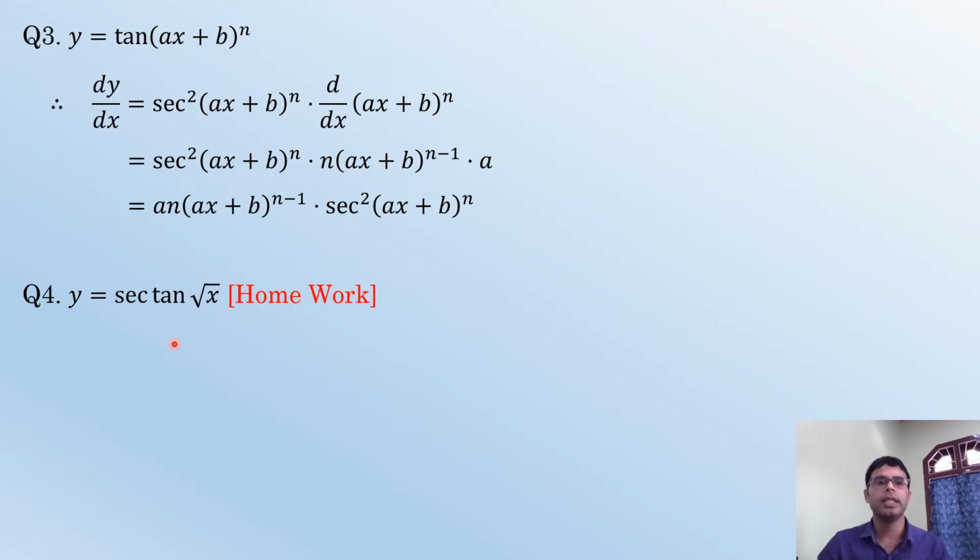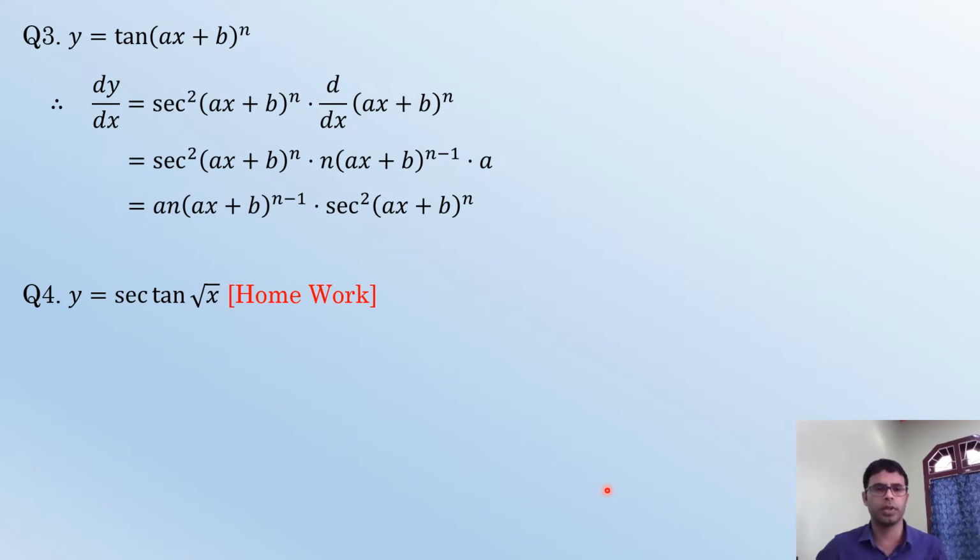So that will be sec of tan root x into tan root x into d/dx of tan root x. But d/dx of the tan function is sec square. So it is sec square root x into d/dx of root x, and root x differentiated is 1 by 2 root x, and that will be the final result for this problem. And I think you can solve this problem.